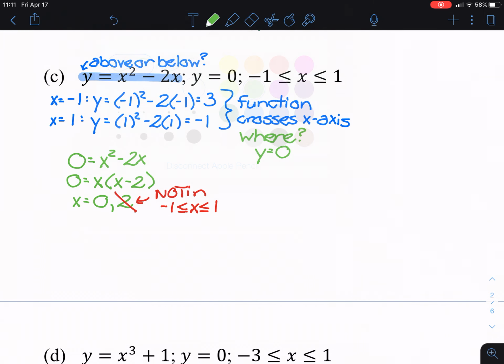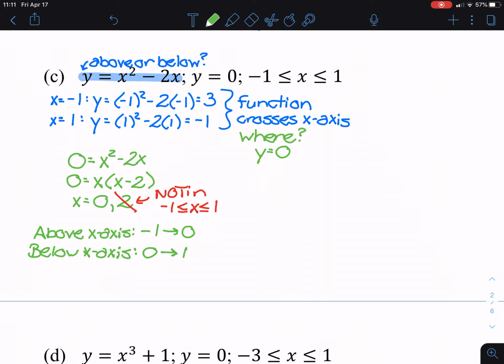So what that tells me is that I am above the x-axis. Okay. When I go from -1 to 0, I'll put like a little arrow there. That's it. -1 to 0. And I am below the x-axis when I go from 0 until I hit 1.